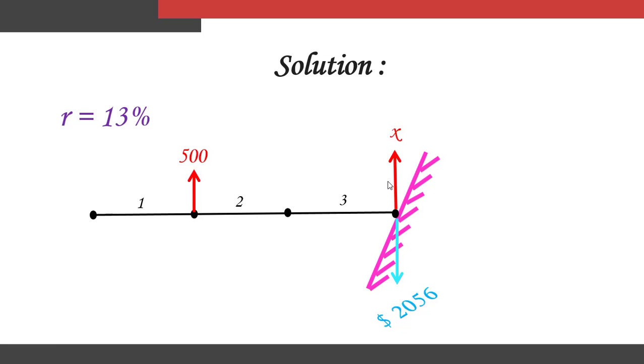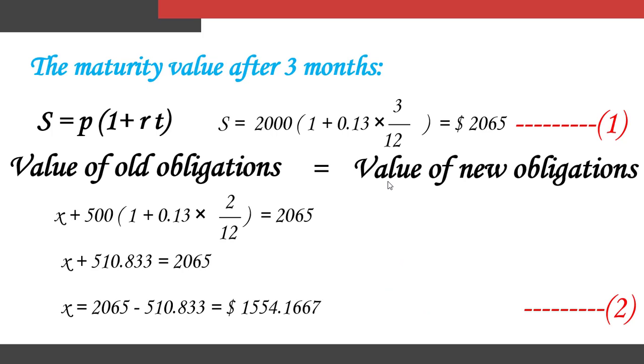So value of old obligations must be equal value of new obligations. At the beginning, value of old obligations, the amount of $2,000, is equal to $2,065.